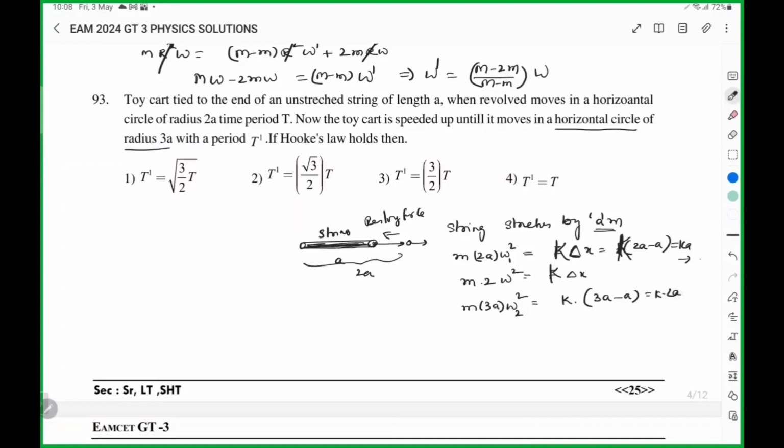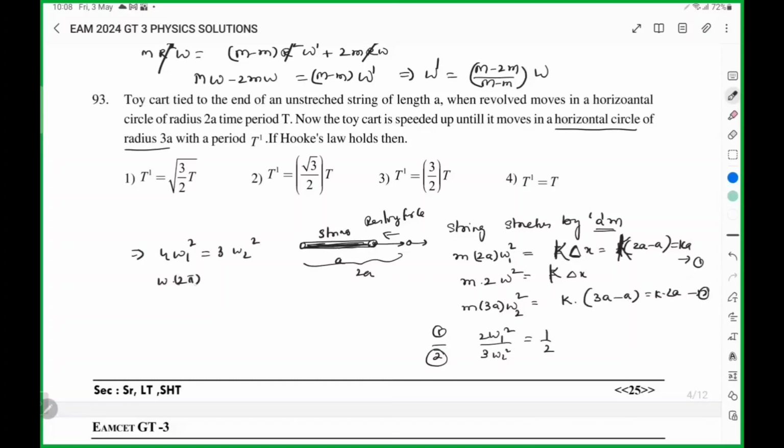So 1 by 2 gives 2 omega 1 square by 3 omega 2 square is K a by 2 K a, which is 4 omega 1 square is omega 2 square.